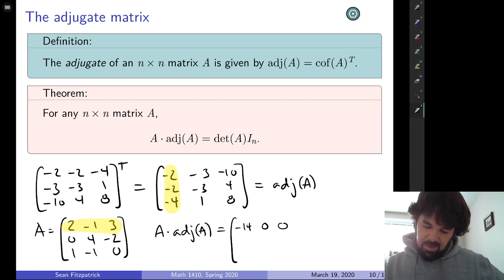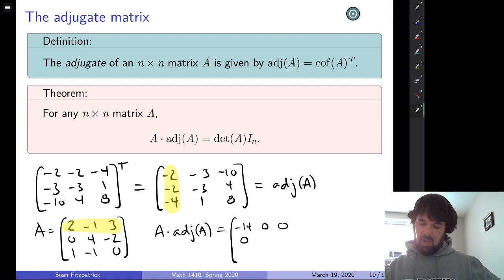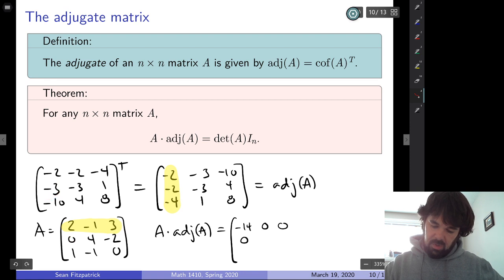Okay. And now if we do row 2 times, doing the multiplication, this row times that row, I get 0 minus 8 plus 8, right? 0. Second row of A times the second column of the adjugate. That's like doing cofactor expansion along row 2 of A, right? It's doing A21 times C21, A22, C22, A23, C23.